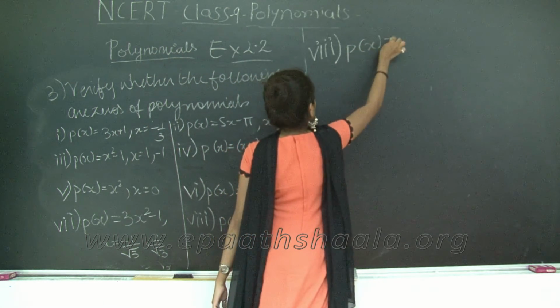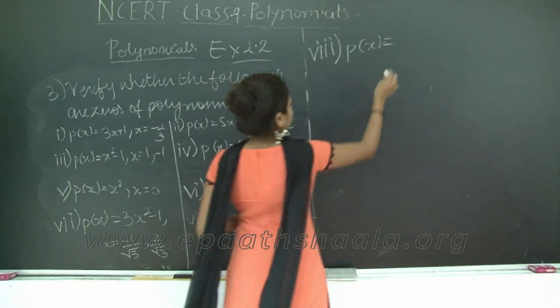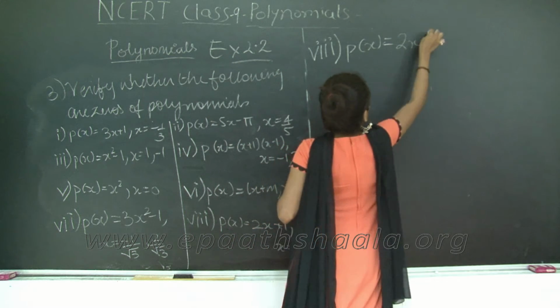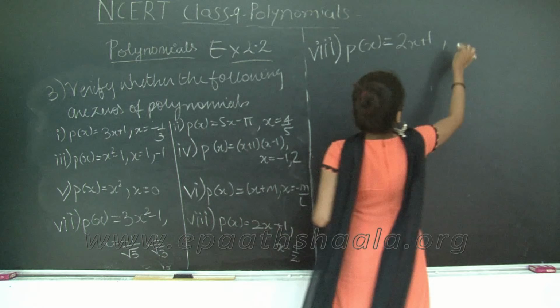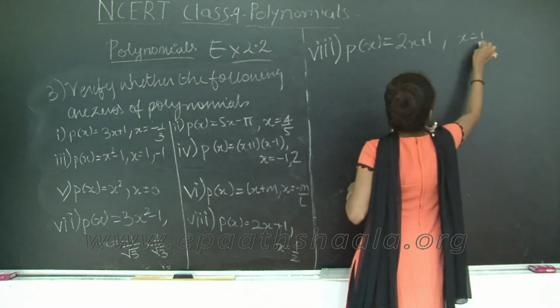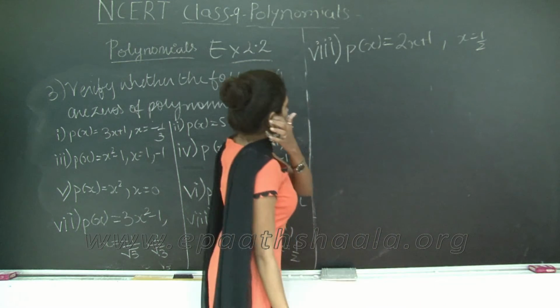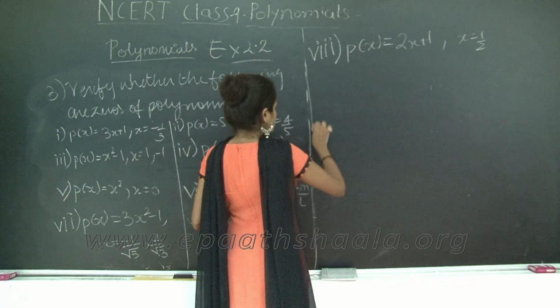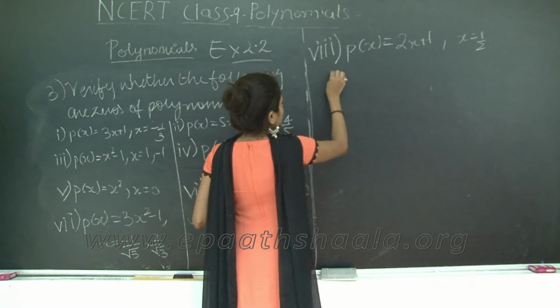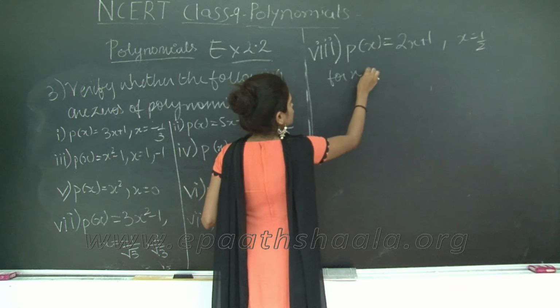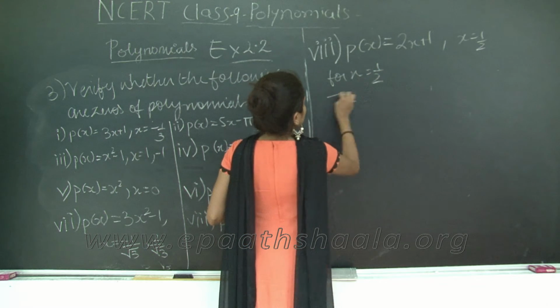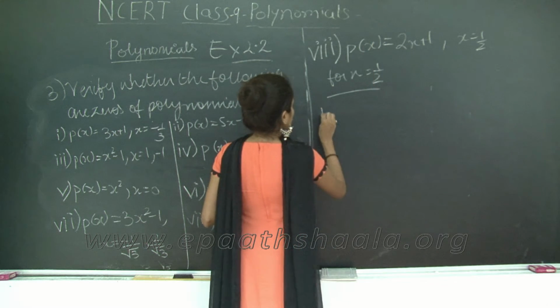P(x) is equal to 2x plus 1, and we have to check whether x is equal to 1 upon 2 is a zero of this polynomial. Again, following the same procedure, I am going to substitute for x is equal to 1 upon 2 in this polynomial expression.